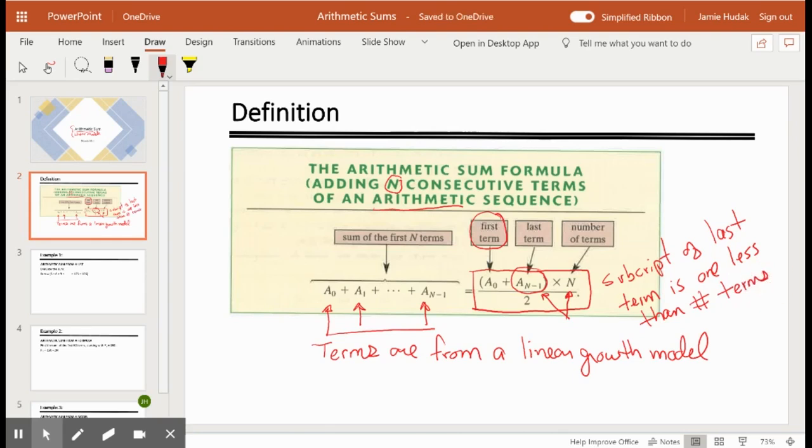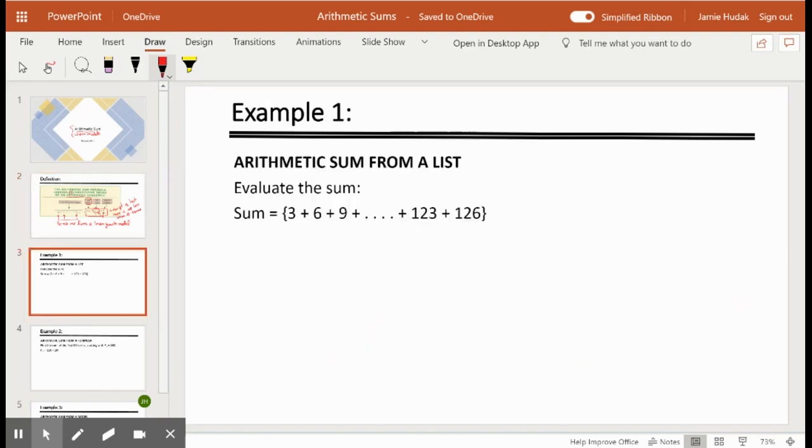So let's see this in action. Let's look at our first example. Example 1 says we're going to find the arithmetic sum from a list, and it says to evaluate the sum of 3 plus 6 plus 9 all the way up to 126. So the first thing that we look at here is, are we dealing with a linear model?